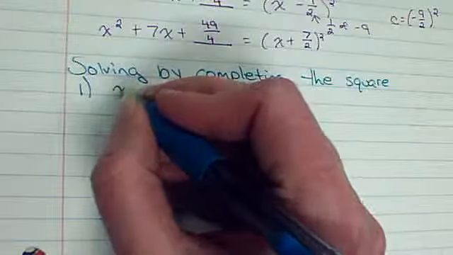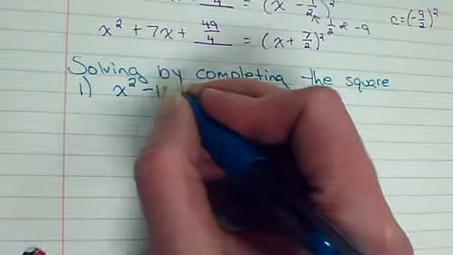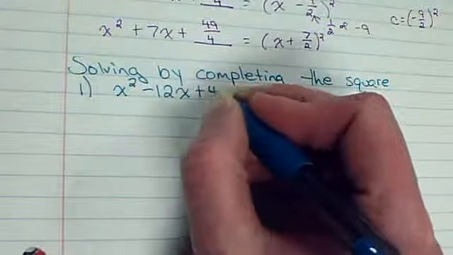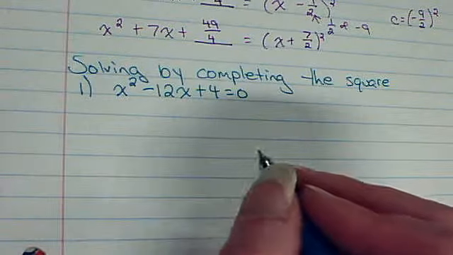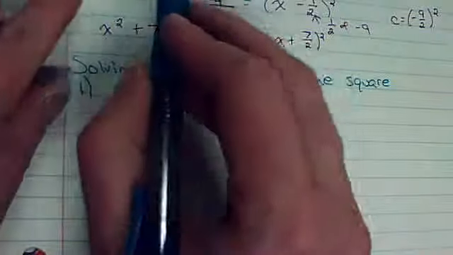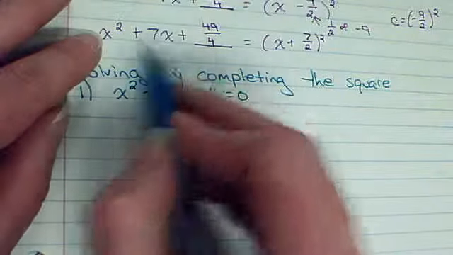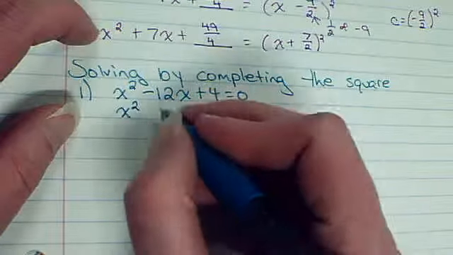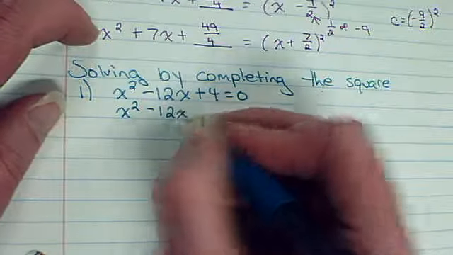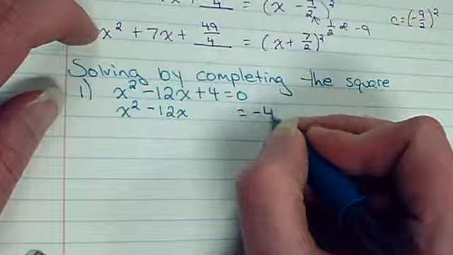So let's say I have x squared minus 12x plus 4 equals 0. Now, in all of these, I just had the x squared plus the bx right there. That's what I want. So I'm going to move that 4 over just temporarily. So that would be a negative 4 over here.